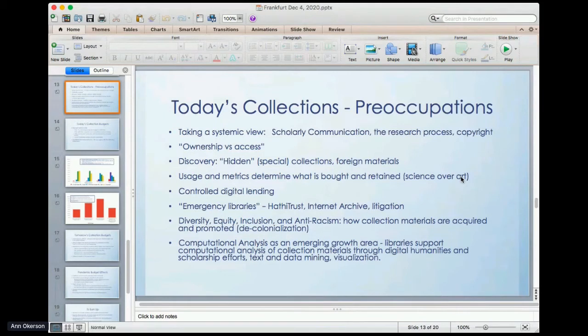Librarians are closely watching that space, especially in COVID time, when the archive and also HathiTrust and some others have offered emergency access to print materials they hold by scanning and making digital copies available on a very restricted basis.